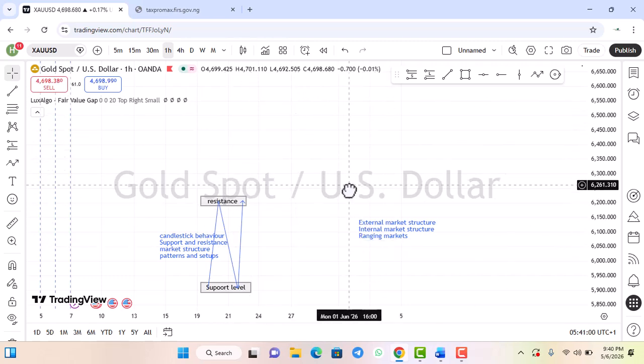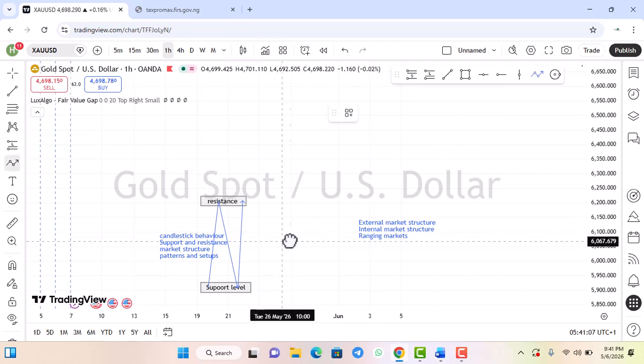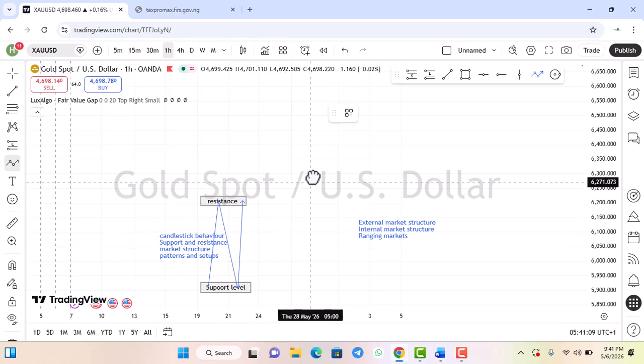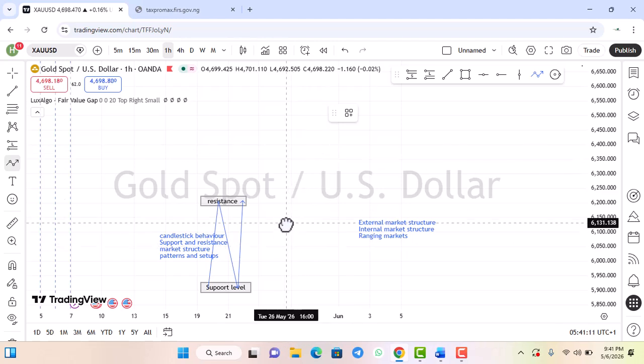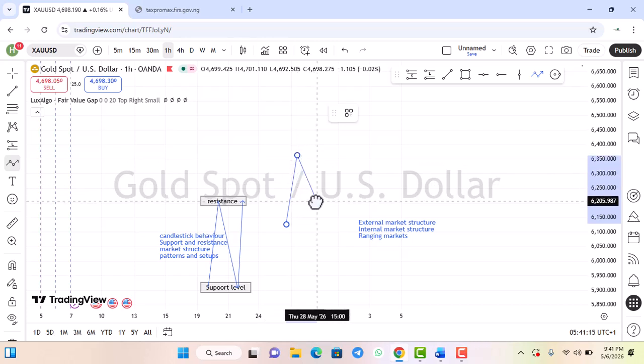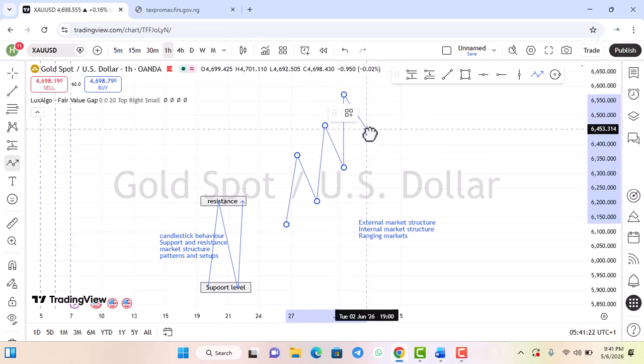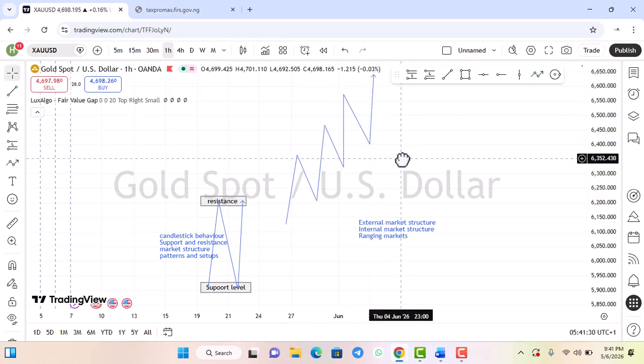So let's look at how markets behave in an uptrend and how it behaves in a downtrend. If the market is moving from point A to point B, this is exactly how the pattern forms, right? Going up, creating a zigzag like this. So this is exactly how markets move if price is moving from the downside to the upside.